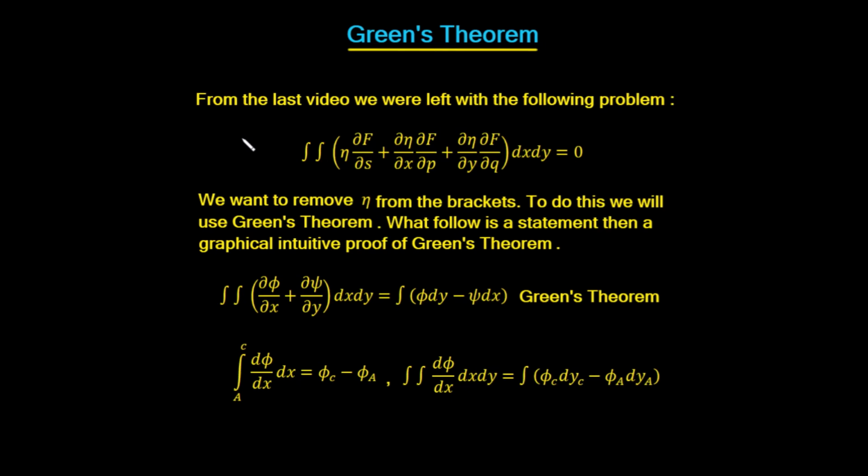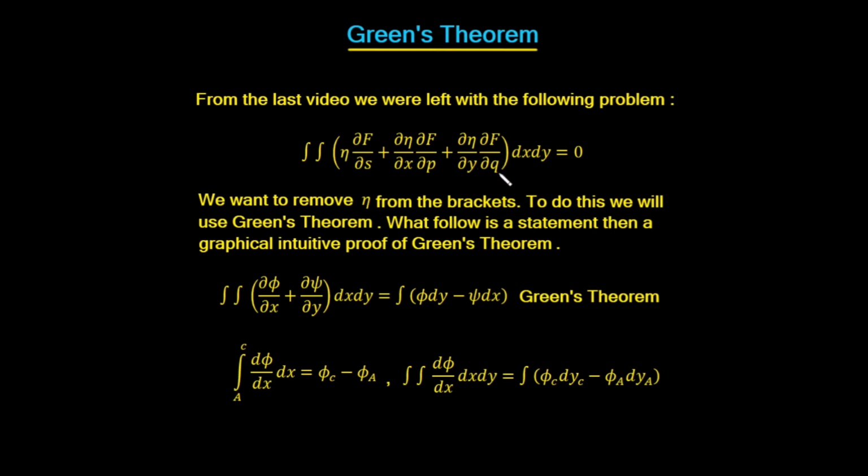So we were looking to find an Euler-Lagrange equivalent for a functional with two independent variables, dx and dy. Now we've got to this point here in the previous video. What we want to be able to do is separate out the value of eta from this equation, because we know that the value of eta doesn't equal 0.